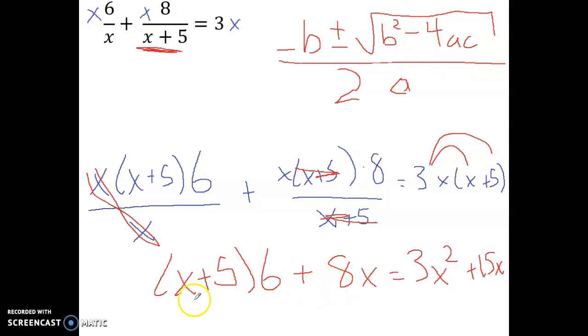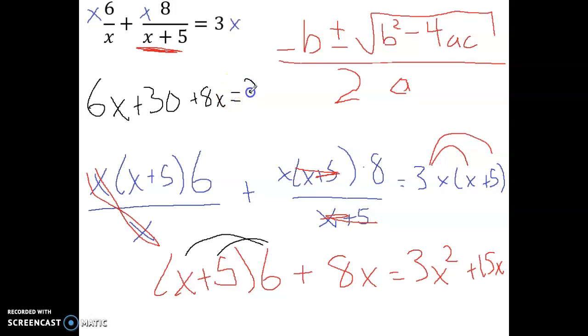And so you can do one more distributing here, x times 5, x, and x times the 6, and the 5 times the 6. And so I'm going to come back right here and write that. So you'll have 6x plus 30 plus 8x, so a total of 14x equals 3x squared plus 15x.